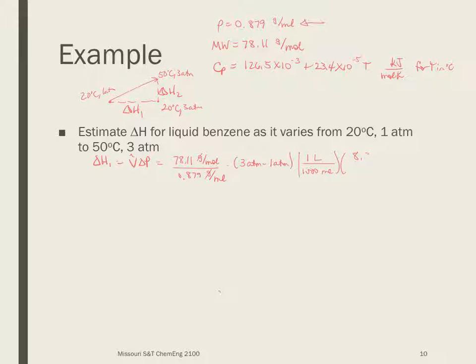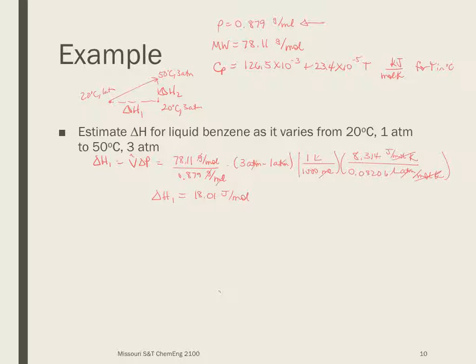And using values of R as ratios, 8.314 joules per mole Kelvin is equivalent to 0.08206 liter atmosphere per mole Kelvin. Moles Kelvin cancel, liters cancel, atmospheres cancel, and milliliters cancel with that. So I'm going to be left with delta H1 of 18.01 joules per mole.